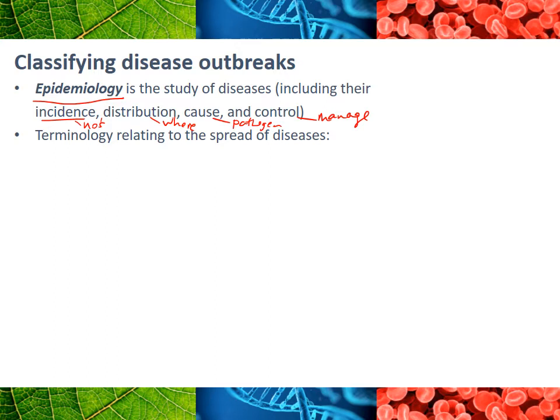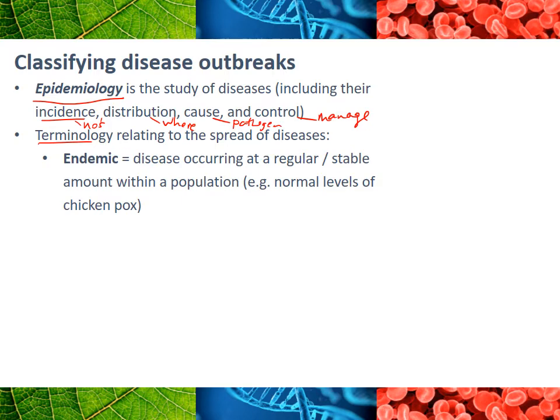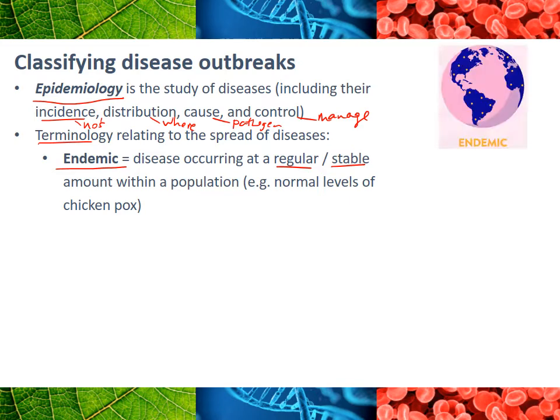Okay, some specific terms that you need to know. Endemic. The term endemic refers to the normal or regular or stable incidence of a disease. In an ideal world, we would have no disease anywhere, but that's not the case. But if a disease is kind of managed at a pretty standard level, we call that being endemic.